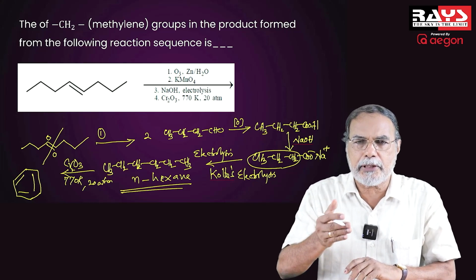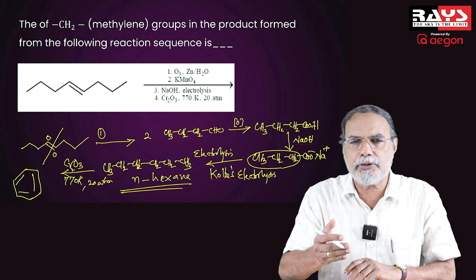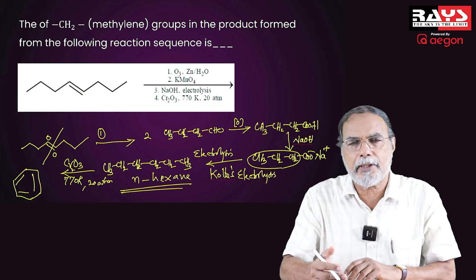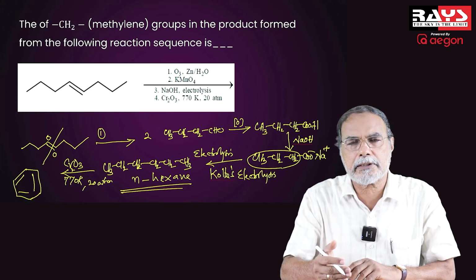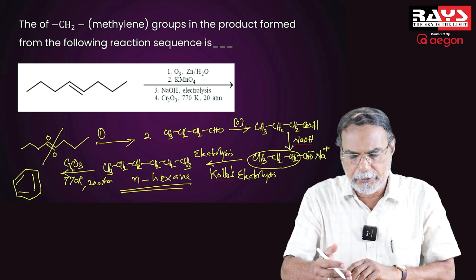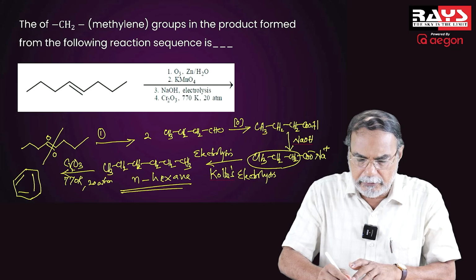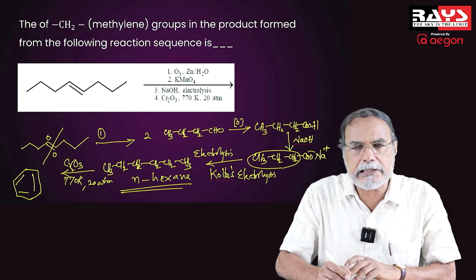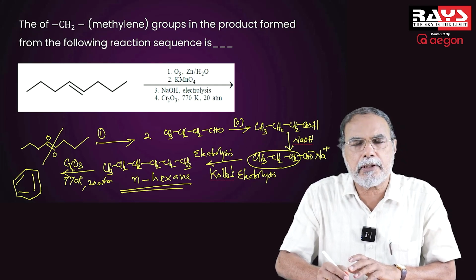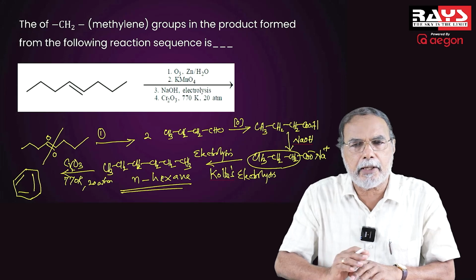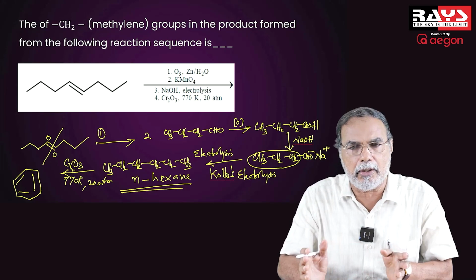So there is cyclization, there is dehydrogenation, and the net result is aromatization to give a very stable compound, benzene. And we know that in benzene there are 6 CH groups, with alternate double and single bonds. There are no CH2 groups at all.